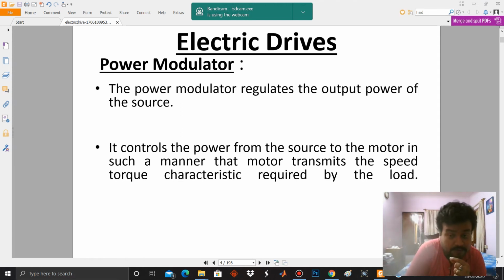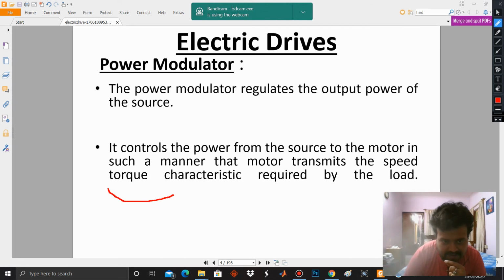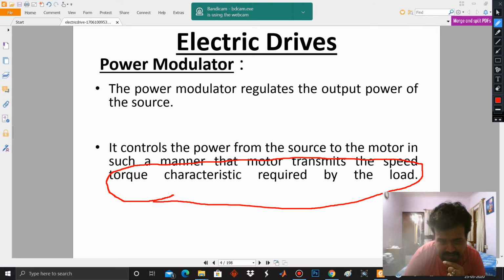And you have to design the control system accordingly so that the torque speed characteristics is always maintained. So it is a very important point that the speed torque characteristics required by the load are maintained. Only then it is called an electric drive.